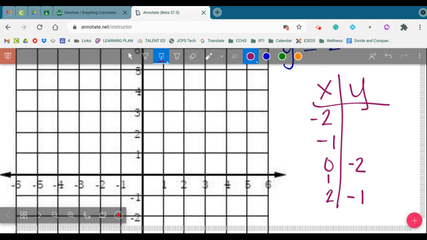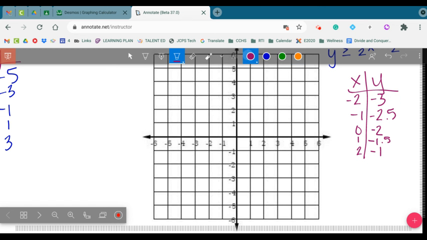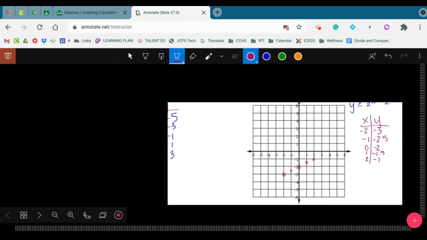So this one we're going to be at like -1.5, so this one will have decimals. If you want to skip those decimals, you can. So we're going to have (-2, -3), (-1, -2.5), (0, -2), (1, -1.5), and (2, -1).